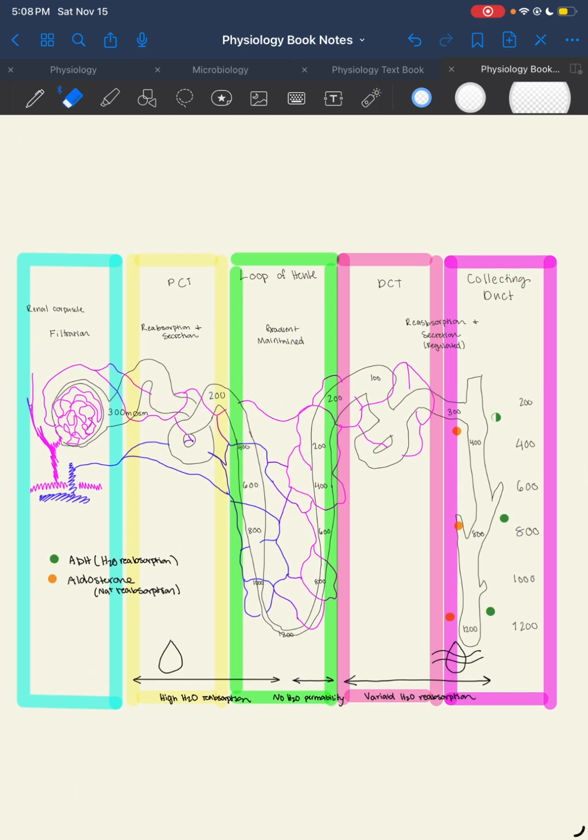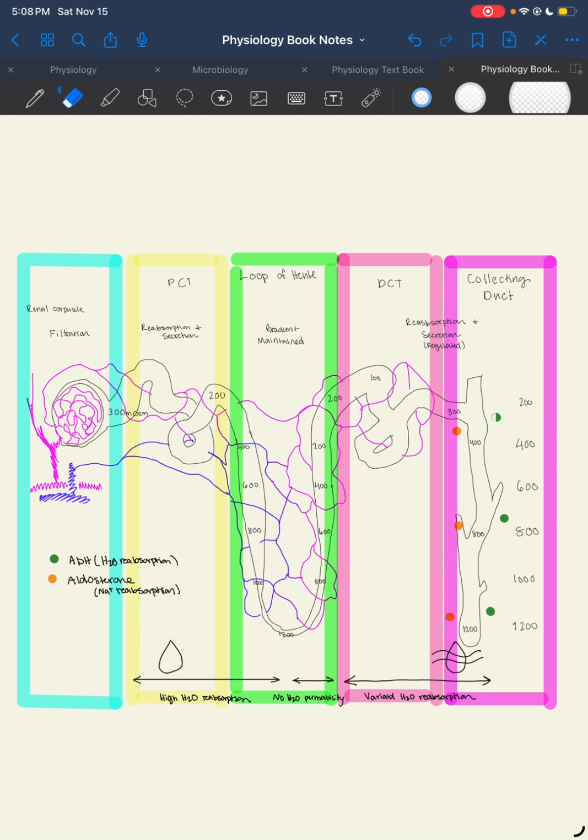Regulation of blood flow to the glomerulus. The kidneys tightly control GFR by adjusting the diameter of the afferent and efferent arterioles. If the afferent arteriole dilates, more blood enters the glomerulus and increases GFR. If the afferent arteriole constricts, less blood enters and GFR decreases.